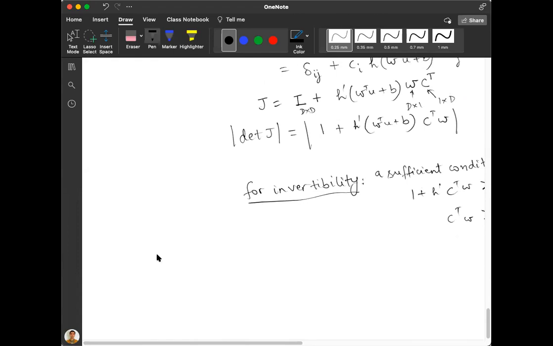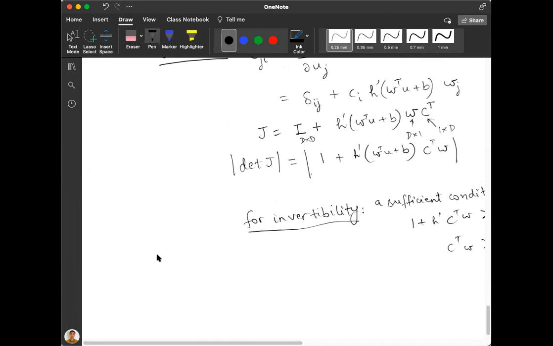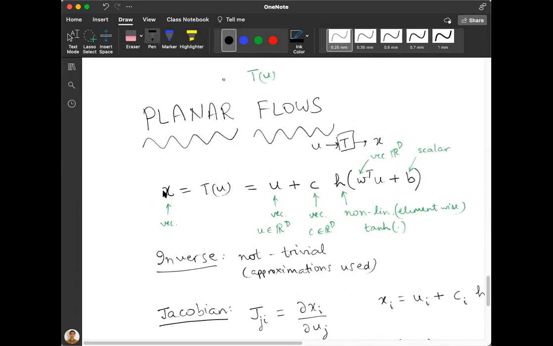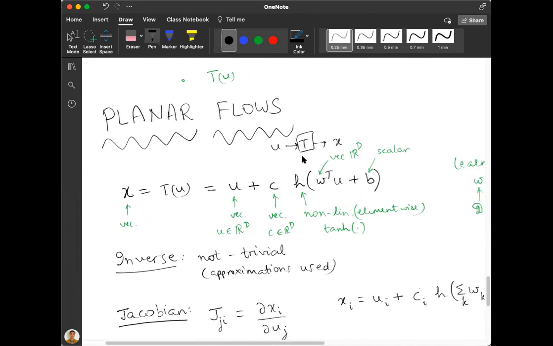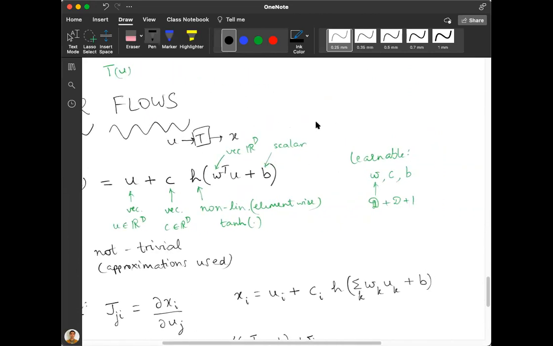So I had a question. What is the meaning of taking it in the other direction? Means they write it as u of T x? Yes, basically u is equal to T of x. Computing this map is not easy with planar flows, but computing this map is easy.